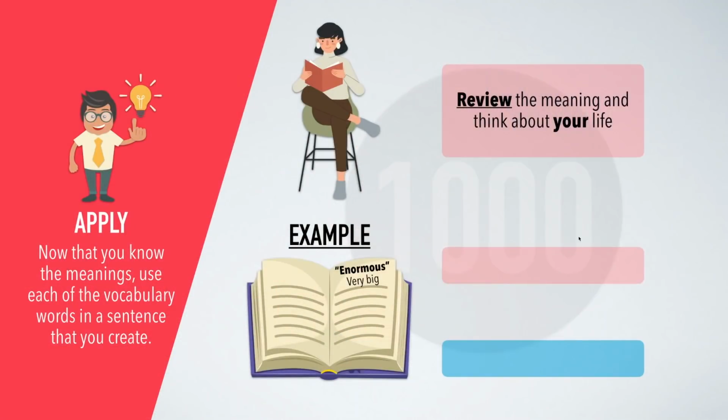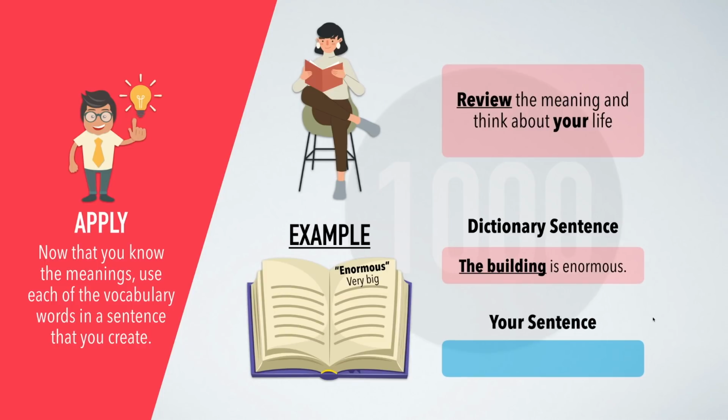Now, after you reviewed and thought about your life, then you're going to find a dictionary sentence. So, for example, I chose enormous, and the sentence is, the building is enormous. But now I've thought about my life. So my sentence, just changing one part of the sentence, could be, my university is enormous. Think about it. When I was in South Korea, I did my graduate studies in South Korea.